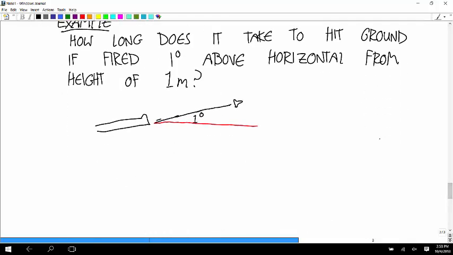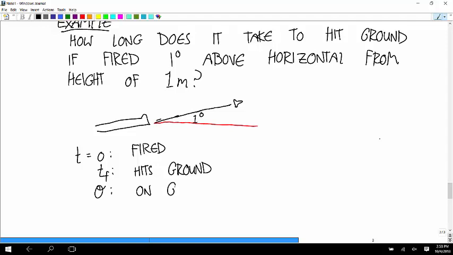Okay, so we have to choose these. Time equals 0 is when it's fired. Time final is when it hits the ground. Origin location is on the ground, right beneath the bullet at time equals 0.